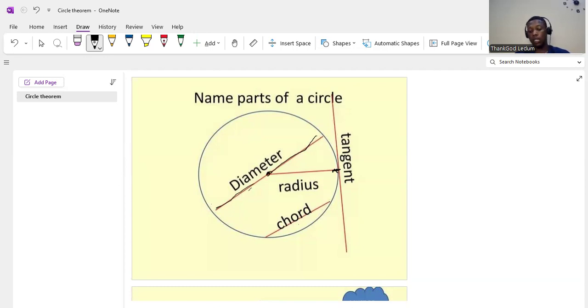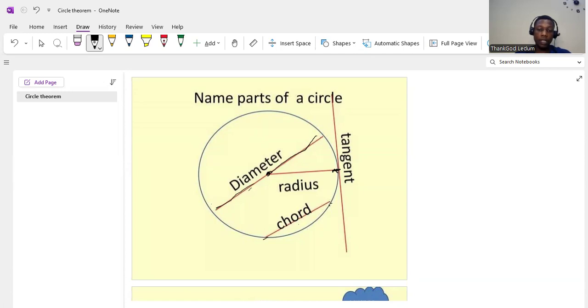Now, the next one we have is the chord. The chord is any line that cuts a circle at any point, but not at the center. Now you look at this, you see that the chord is cutting the circle at this point, now forming two segments.